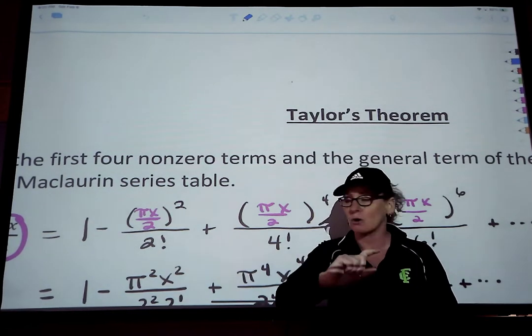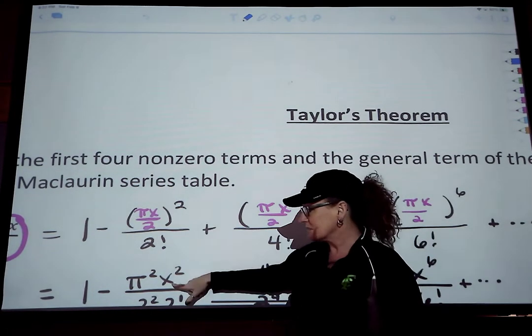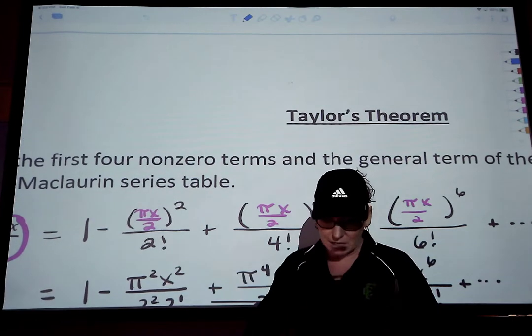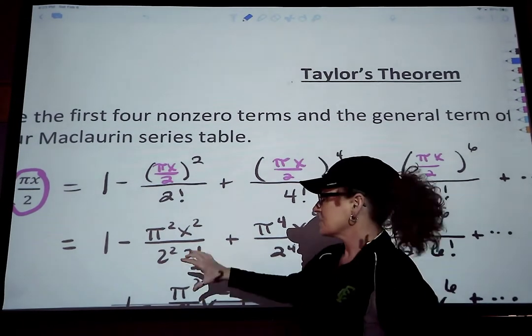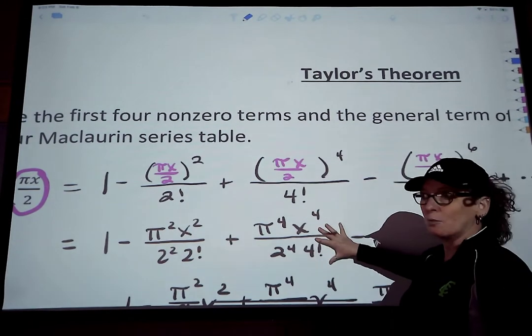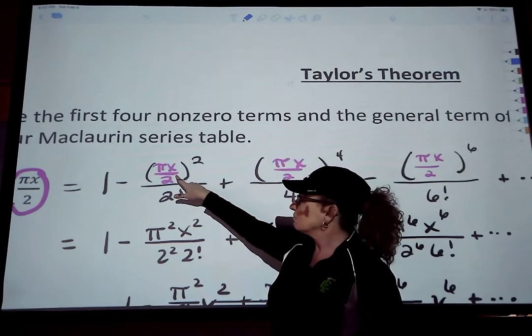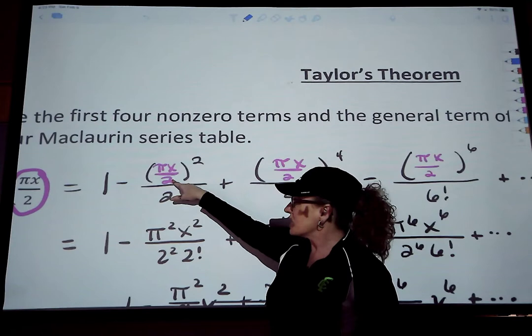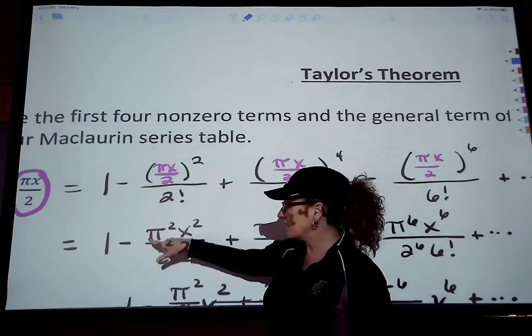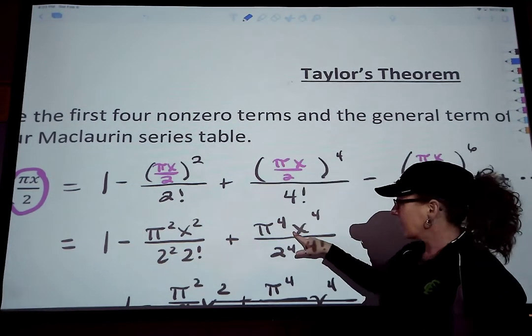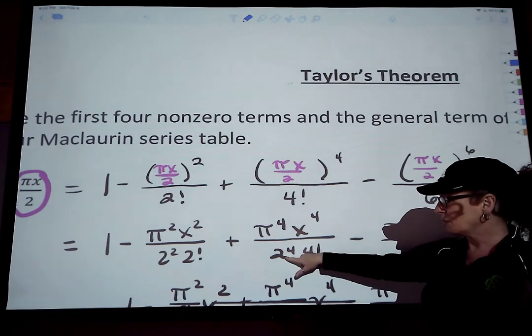That's tricky. So I'm going to start simplifying, and this middle row here is going to help us with our general term. So I started to simplify. Really all I did was I squared everything and then realized my 2 squared can move down to the denominator. Raise everything to the 4th, move that down.